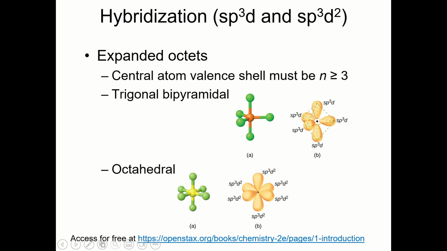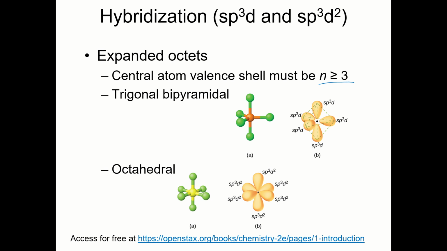Okay, and then just real quick, for your expanded octets, that's when we're talking about those trigonal bipyramidal and octahedral electron geometries. So those are only going to happen when you can access the d orbitals for hybridization. So of course, n must be larger or equal to 3. So you're talking about atoms that are in row 3 or greater on your periodic table.